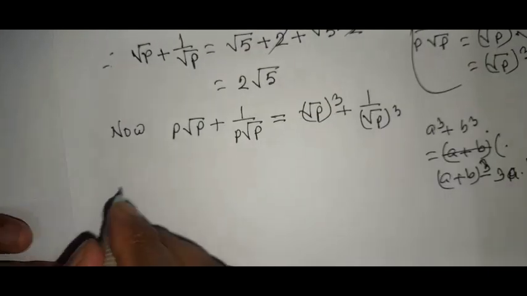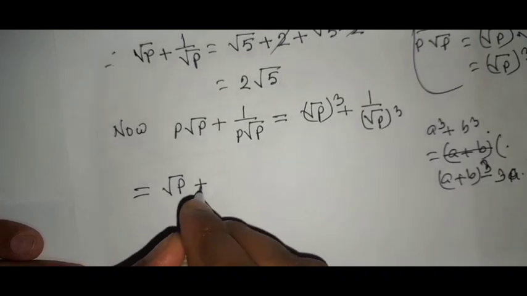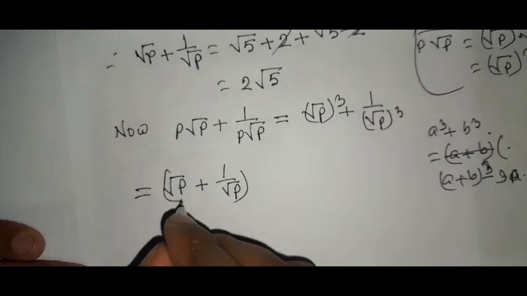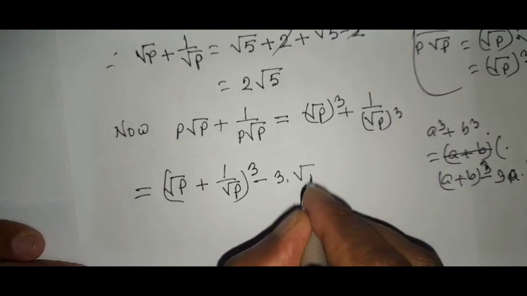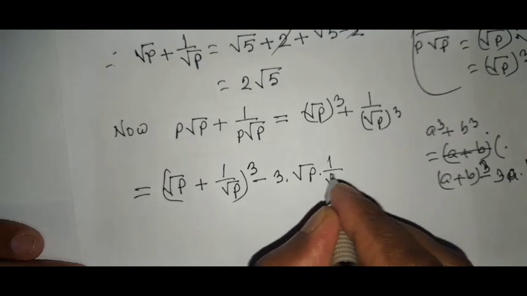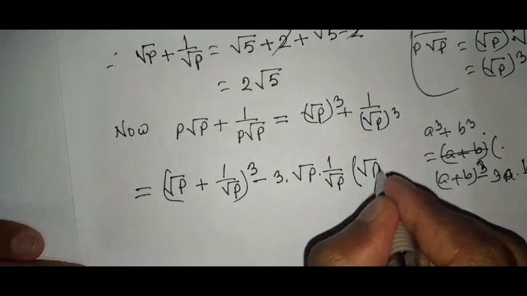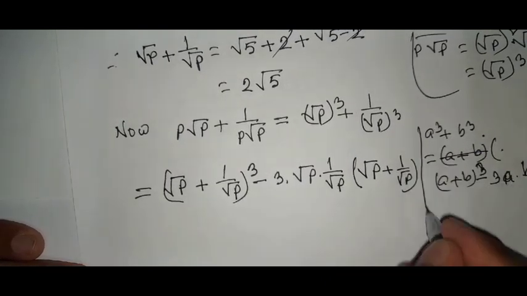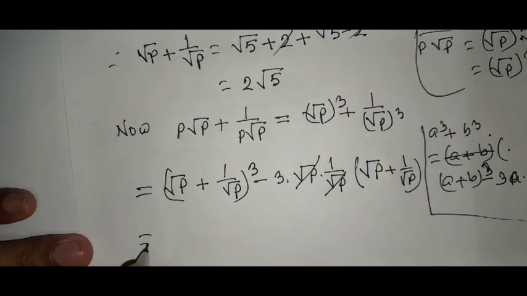So we use this formula: root p plus 1 by root p all cube minus 3 root p into 1 by root p into root p plus 1 by root p. Okay, root p and root p cancel.